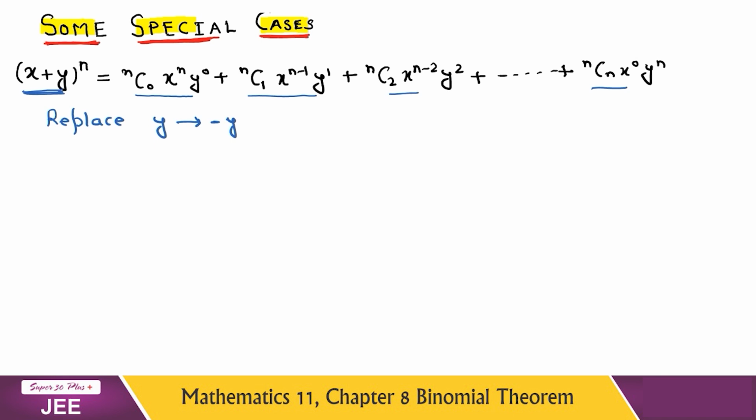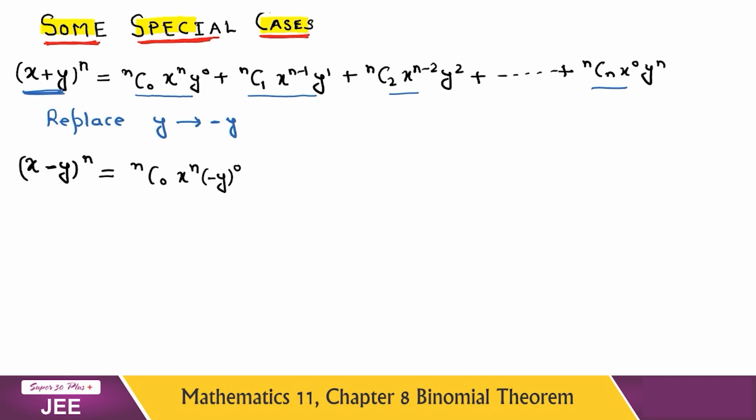So what will be the change in LHS? In LHS, x plus y becomes x minus y raised to the power n. And in RHS, what will happen? The first term will become nC0 x raised to the power n. This much part is not affected. y raised to the power 0 becomes minus y raised to the power 0.